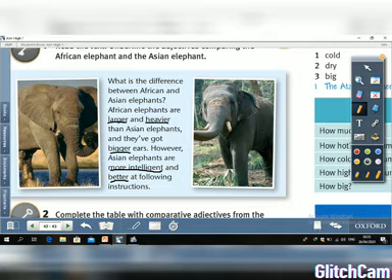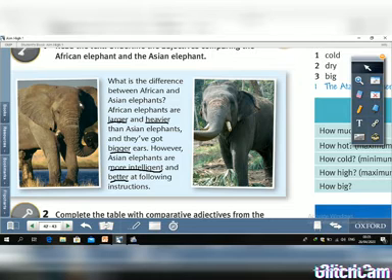Now we have the comparative adjectives: larger from large, heavier from heavy, bigger from big, more intelligent from intelligent, and better from good. So it's an irregular adjective, not a regular adjective.